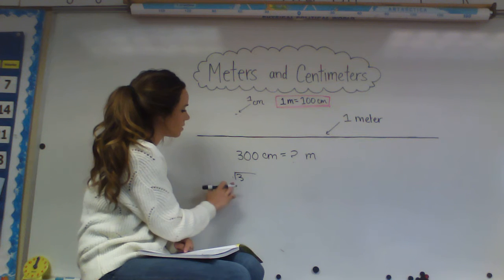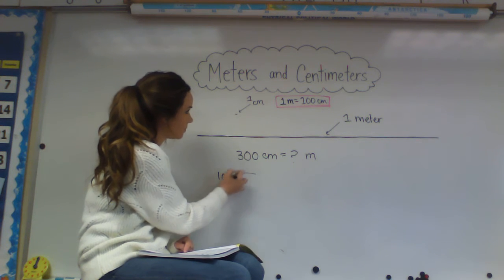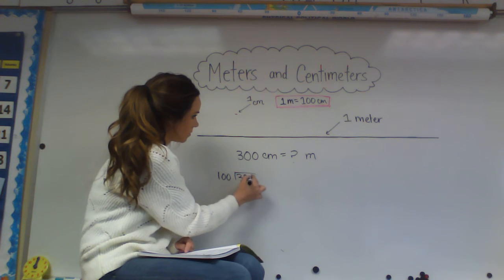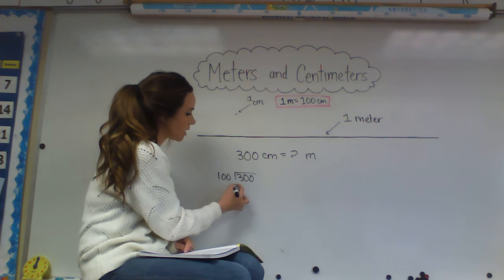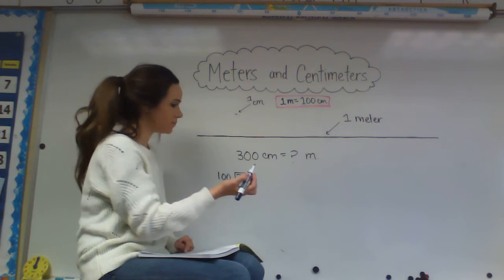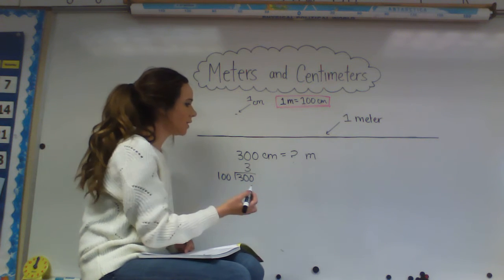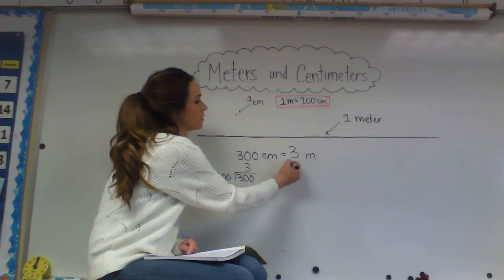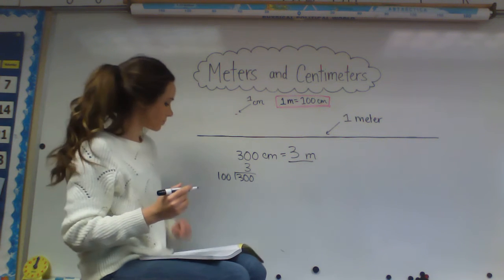Or, excuse me, an easier way to do it would be to divide it by 100, because 1 meter equals 100 centimeters. So 100 times what equals 300? 3. So 300 centimeters is equivalent to 3 meters.